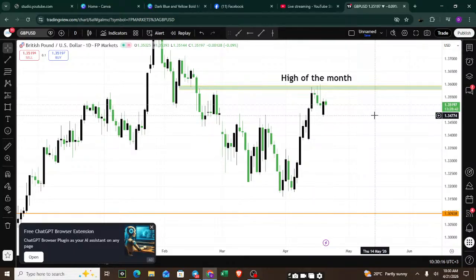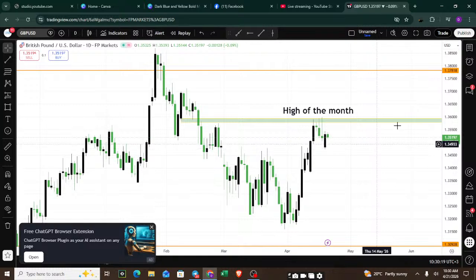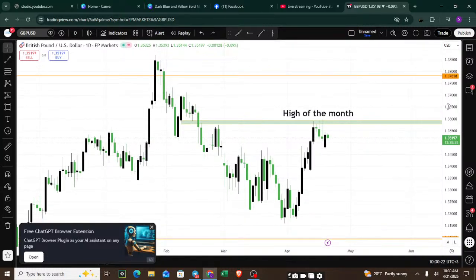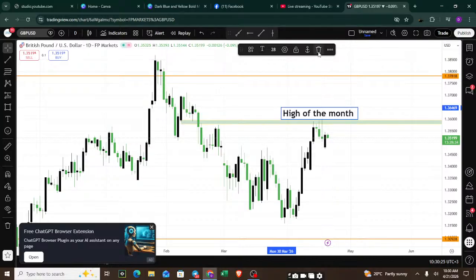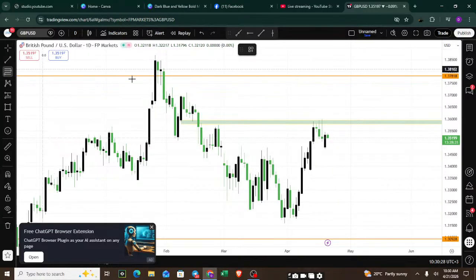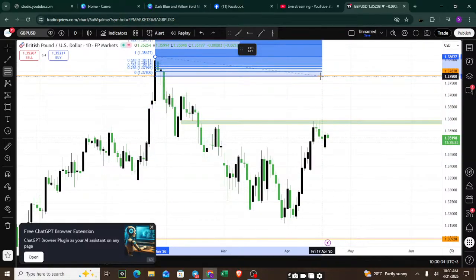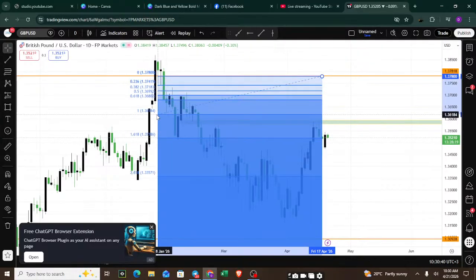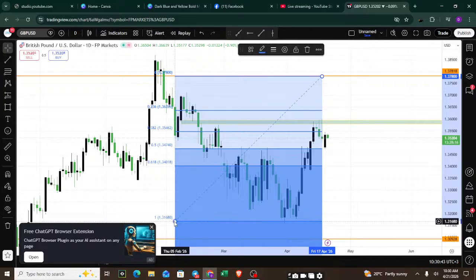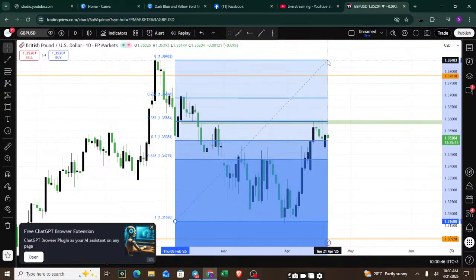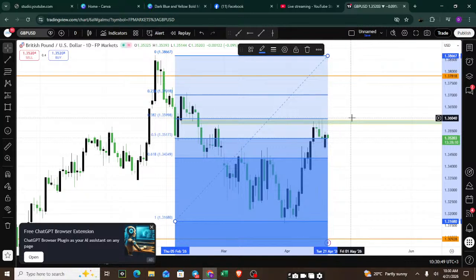Okay, so my bias, because now you already have the higher time frame analysis, so my bias for now is that I would like to see price get to this level on GBP USD.